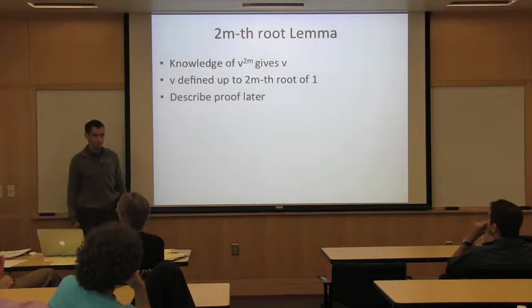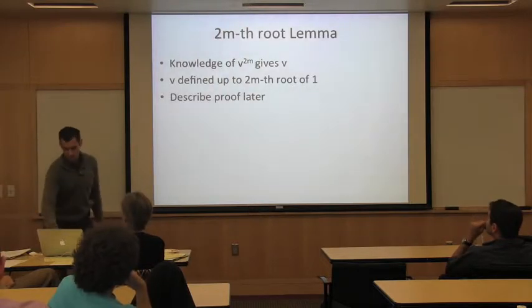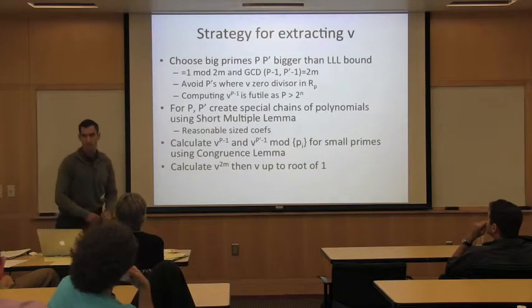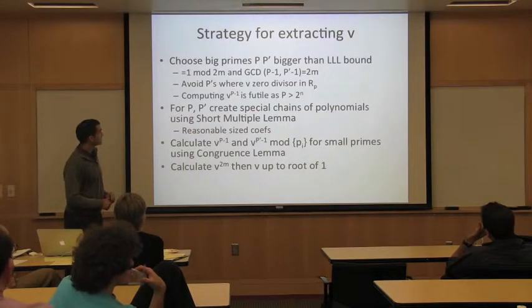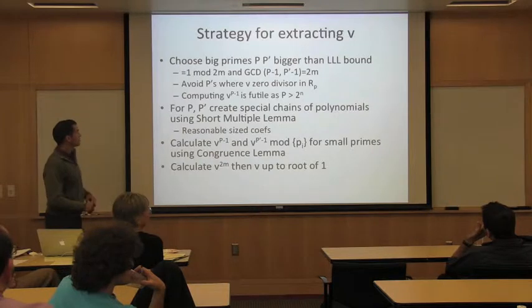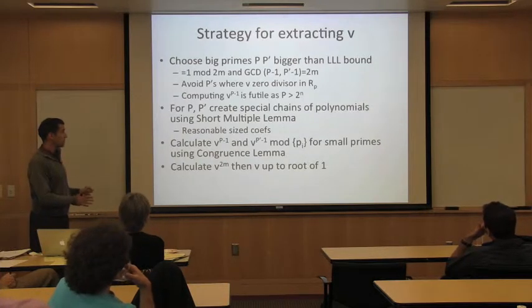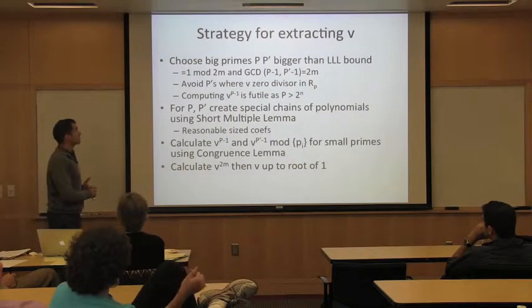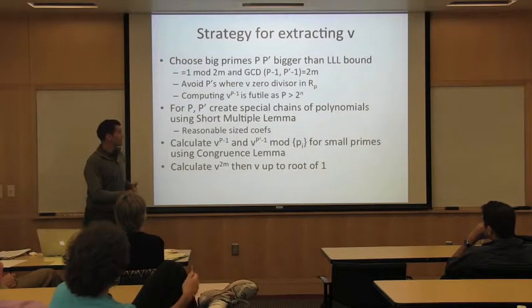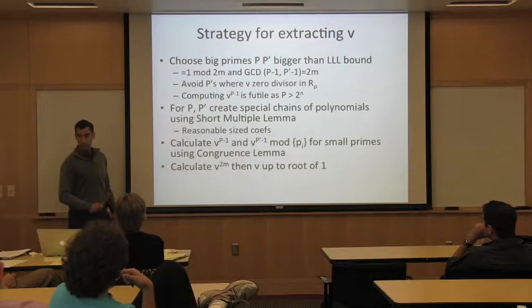Okay, so with those lemmas, let's recap our strategy for getting v back again. We're going to choose our two big prime numbers, bigger than that LLL bound, both 1 mod 2m, with the GCD also equal to 2m.